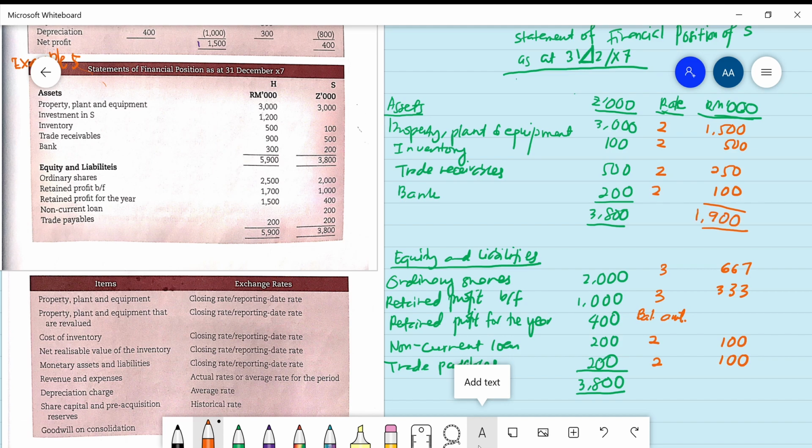So this side must also be 1,900. There will be a balancing figure here, because you translate at different rates, it will not balance. 1,900 minus 667 minus 333 minus 200, so you have 700 as the balancing amount.